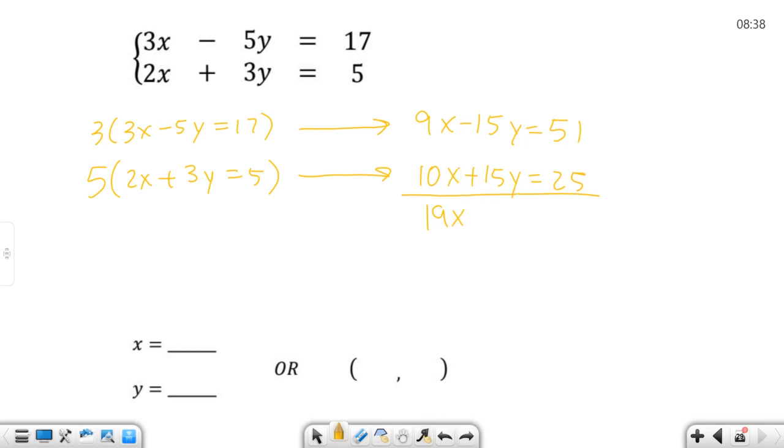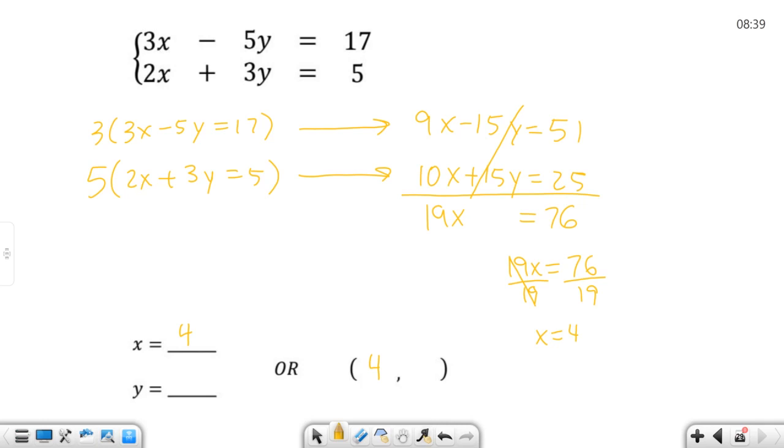This minus 15y plus 15y cancels, and I'm left with equals 51 plus 25 is 76. So 19x equals 76, I divide by 19 on both sides, and x is going to be 4. 76 divided by 19 is 4, right? So x is 4.